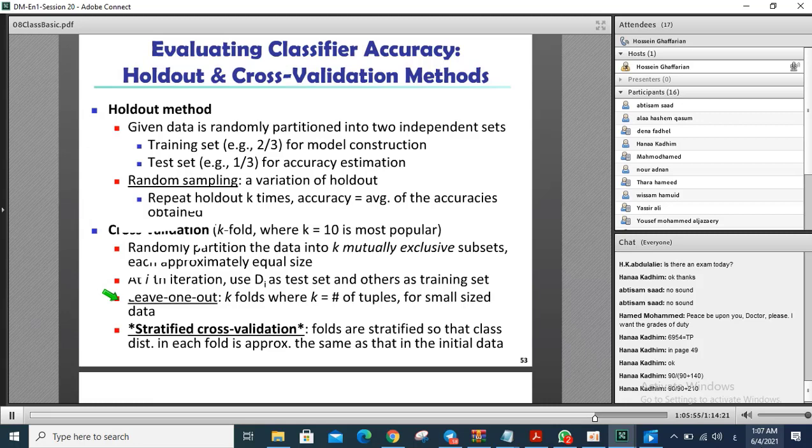It's more fair than the holdout method, because in the holdout method I'm just partitioning the data into two different test and train sets. If I choose my training set very carefully, I can receive very good results from the test set.